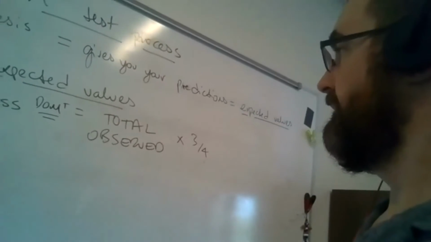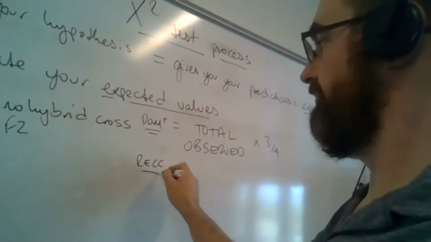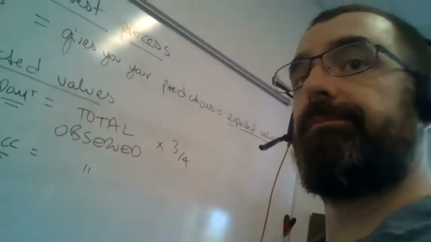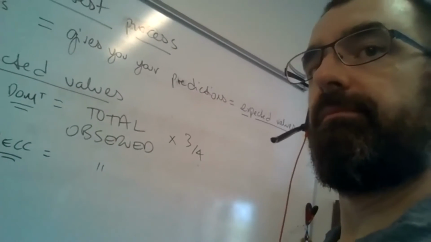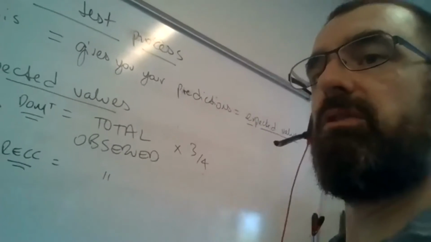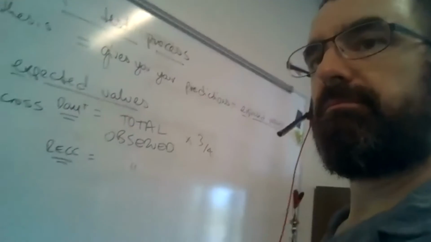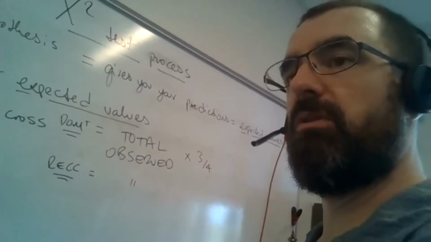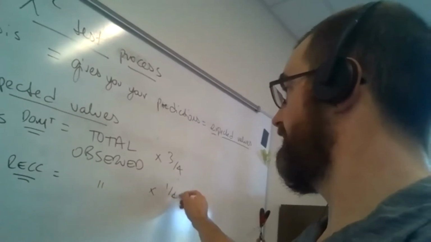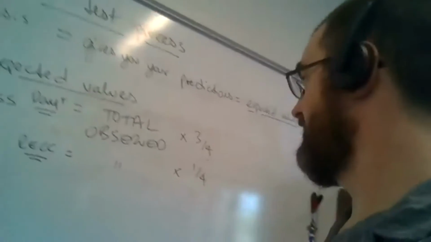If we're looking at the recessive, it's going to be the same times what? What fraction of the total in the F2 would you expect to be recessive for a monohybrid cross? Yeah, it's 1/4. Exactly. Good job, everybody.